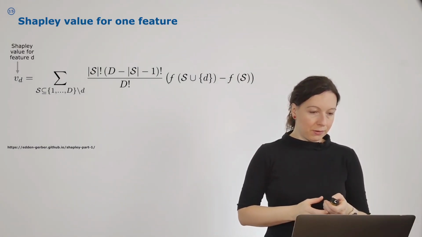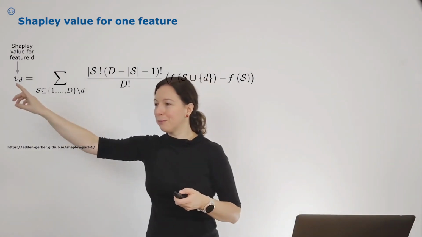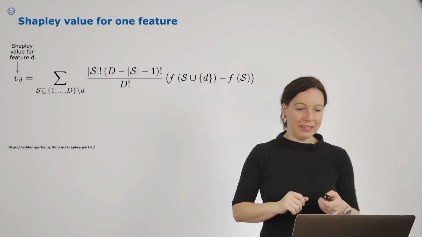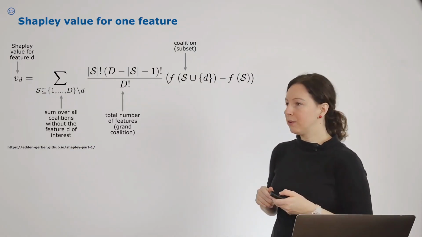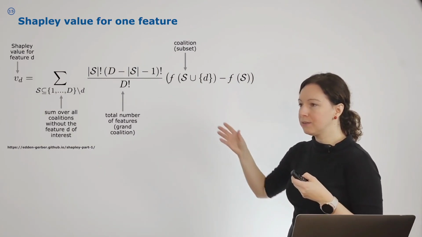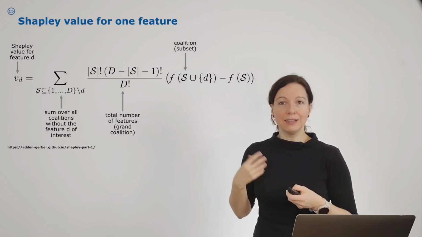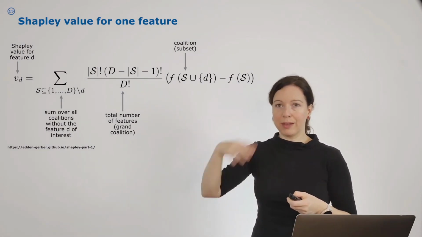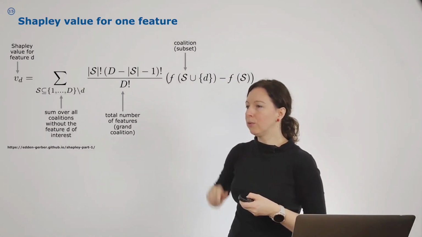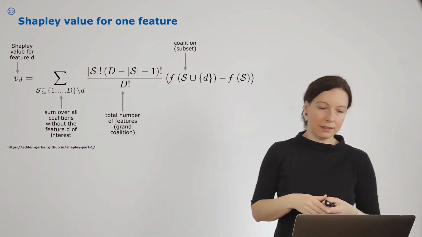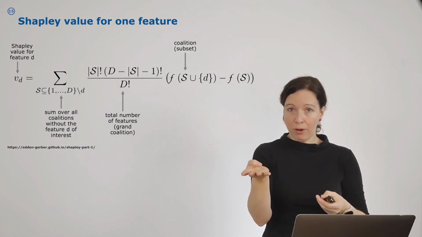First of all, what we want to compute is the Shapley value for feature D. What you can see here is, for example, this S is the coalition, the subset. As I said, you have several of them. D is the total number of features, that means the grand coalition. In our case, we have 4.